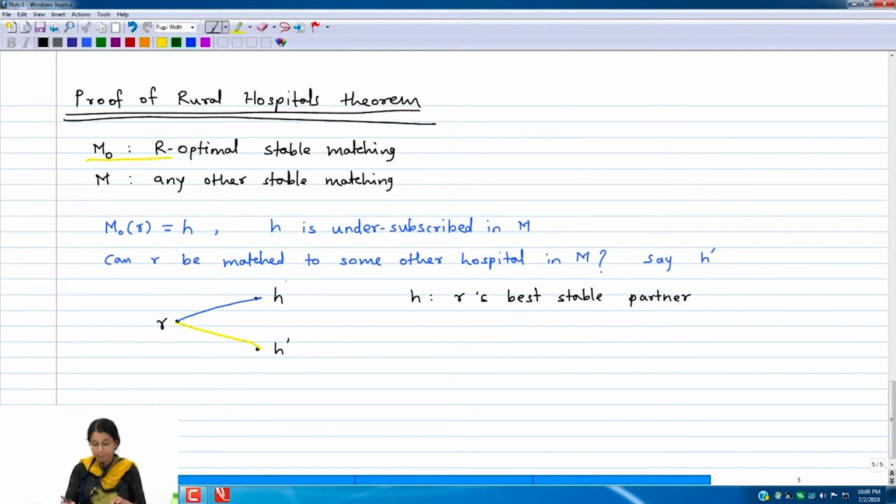But then if H is the best stable partner and H prime is some other stable partner, then R has to prefer H over H prime. So R's preference just looks like H and then somewhere later H prime. But then can M be stable?